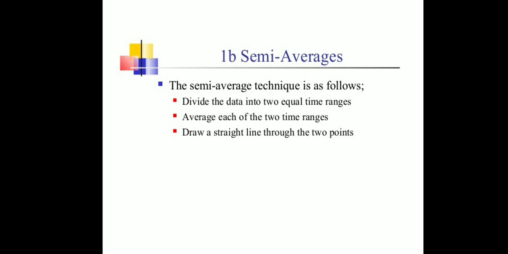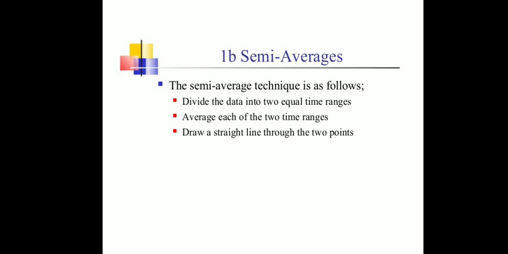Freehand drawing is the simplest and most flexible method of estimating the secular trend, and it consists of plotting the time series values on graph paper and then drawing a freehand curve.